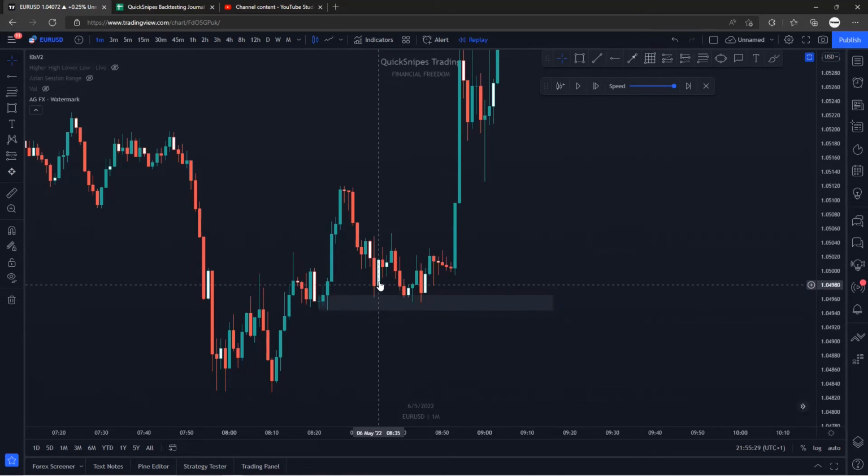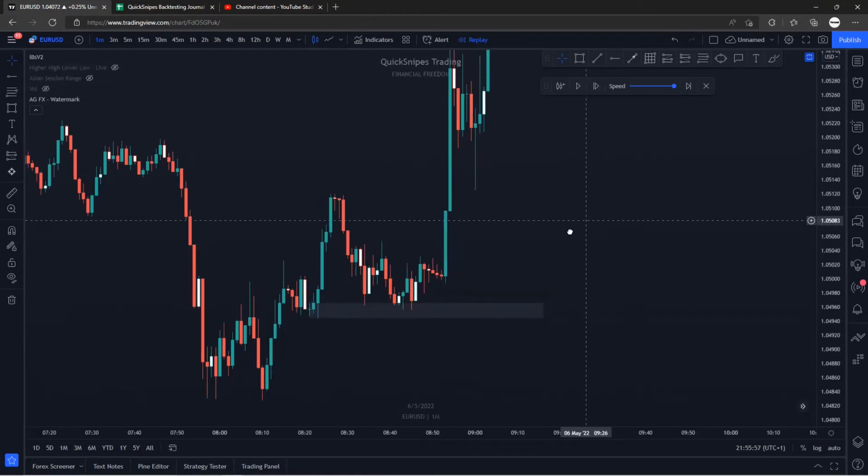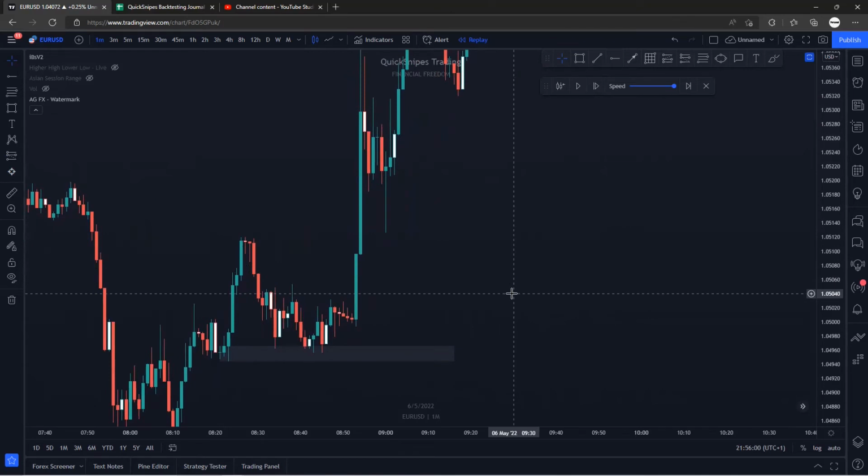And I know it's an inducement because it's the first area off of that reaction zone that breaks structure. As you can see the structure here, which is broken by this, which is reacted off of this. So it reacts off of that, breaks. But then it comes back down after forming that inducement. We've taken out that inducement and we've actually entered here where you should have entered after seeing the inducement. That's how liquidity traders get trapped, because they enter off of the inducements rather than the actual zones.